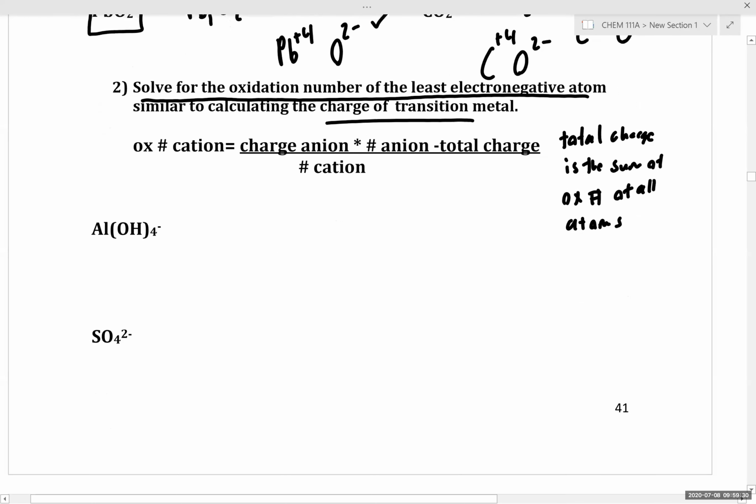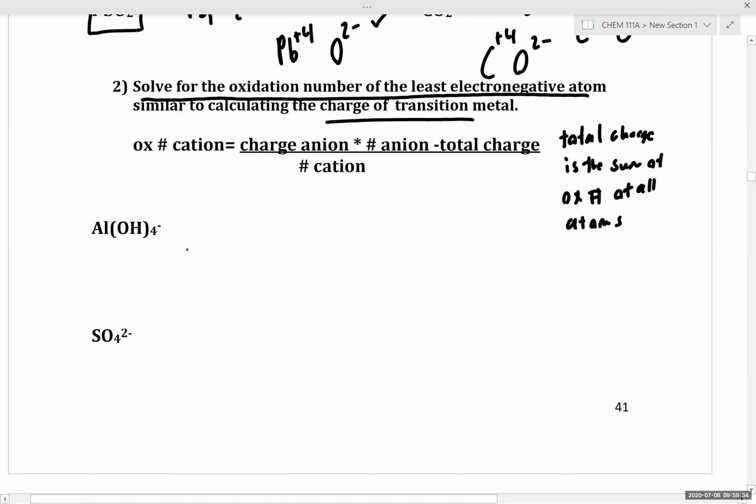So to showcase how we apply this formula to an ionic compound, we'd say the oxidation number of aluminum, or the theoretical charge of aluminum, is equal to the charge of our anion, which is hydroxide, OH-. We have 4 of our anion at play.